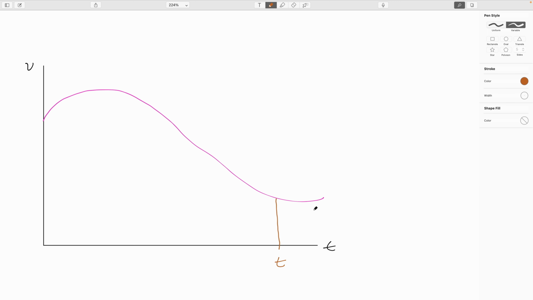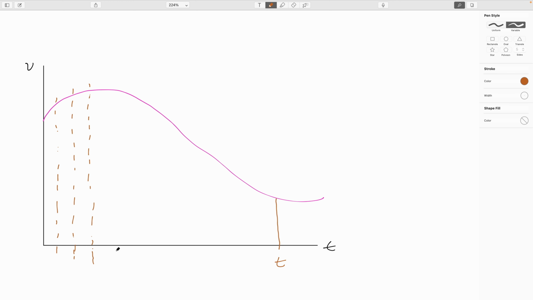What we can do is imagine dividing this up into a bunch of very small time intervals. I'm just going to do a few of them to give us some sense of it. So the overall displacement is going to be the displacement over lots of these small time intervals that I'm drawing in here. And then I can just kind of cheat.